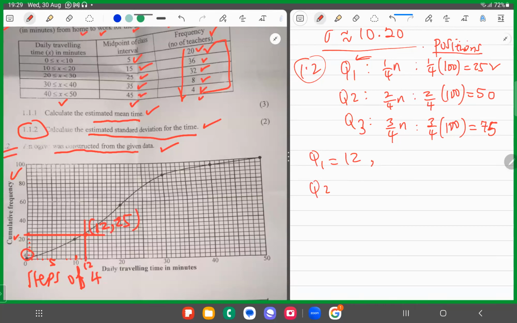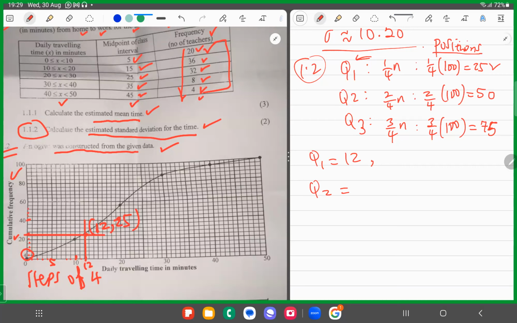And then let's look at Q2, for example. In the middle, 50% of the position. So now 50% of the position is, we said half of 100 and we got 50. So if you have 40 here, and then you add 4 more, 44, 48, and then 52.